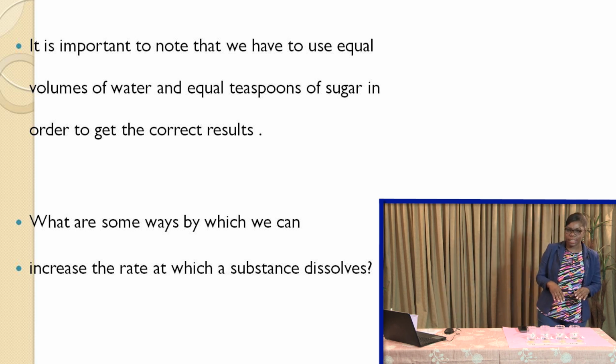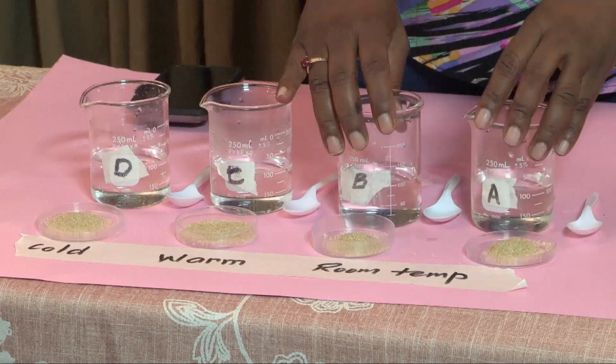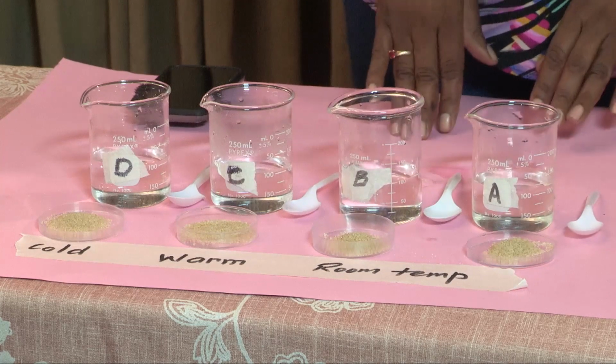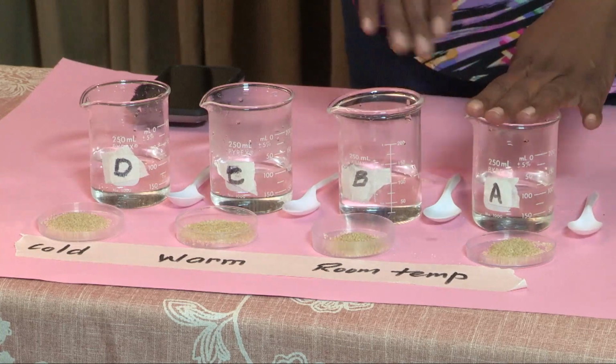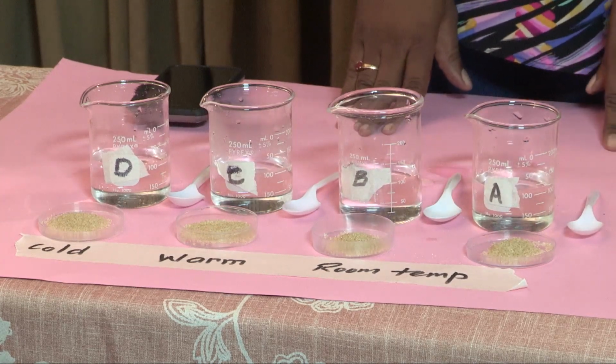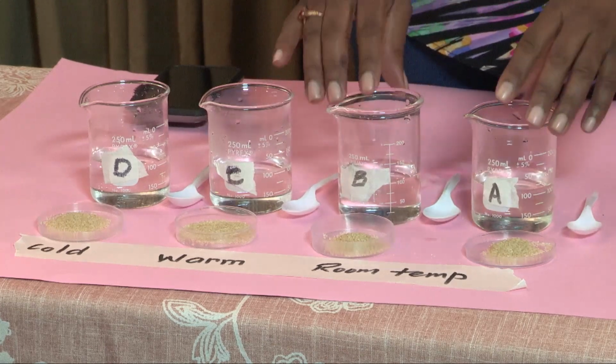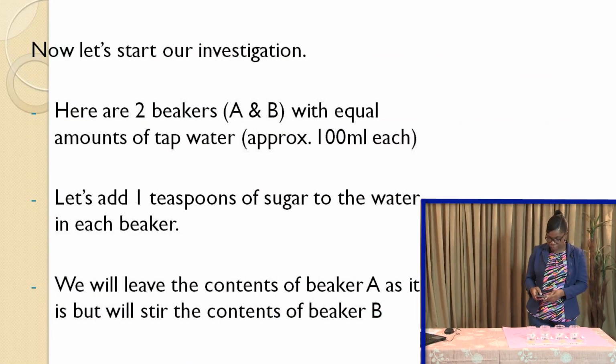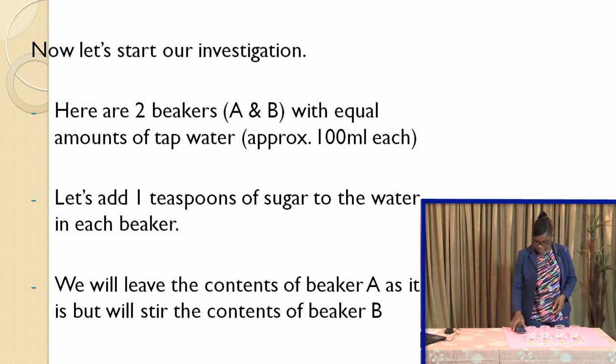So our first investigation will be based on the water at room temperature in beakers A and B. Good? So we also have a stopwatch here, and you can use the stopwatch on your cell phone if you're trying it.